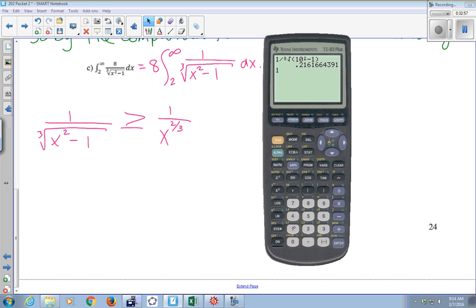But then if I do 1 over 10 to the 2/3, I get 0.215, which is a little bit smaller, right? So the alligator eats the left-hand side. So just pick an x, plug it into both sides, and see which way the inequality goes.